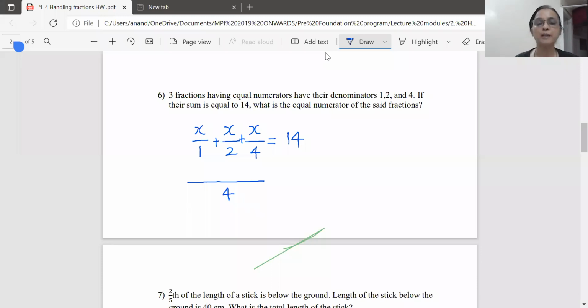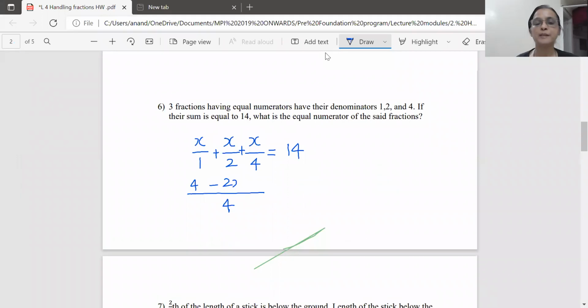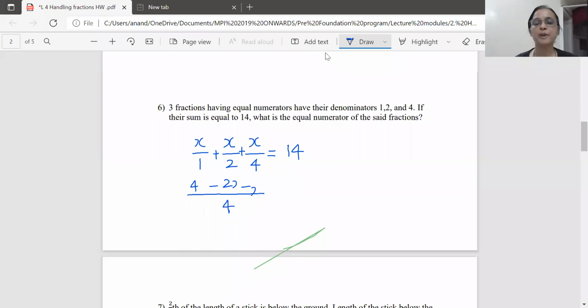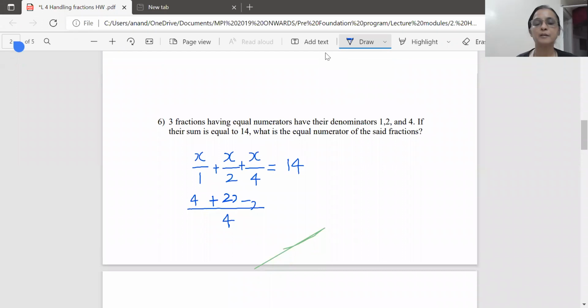Then the numerator of this will be 4x, 4 into 1 and 1 into x, 4x, then 2x and x. 4x plus 2x plus x, that will be 7x. 7x upon 4 will be equal to 14.